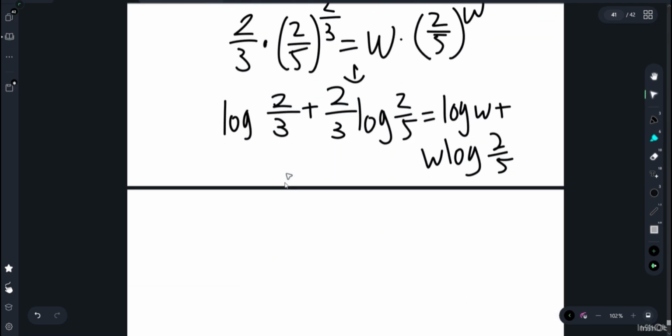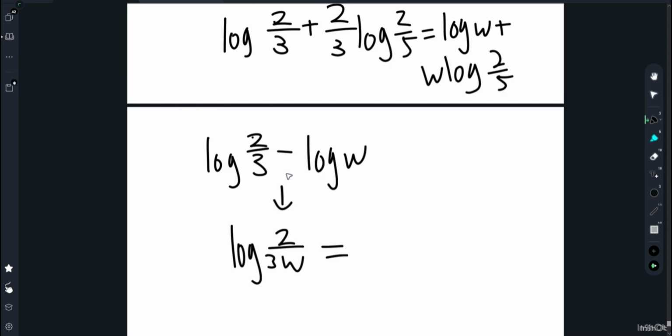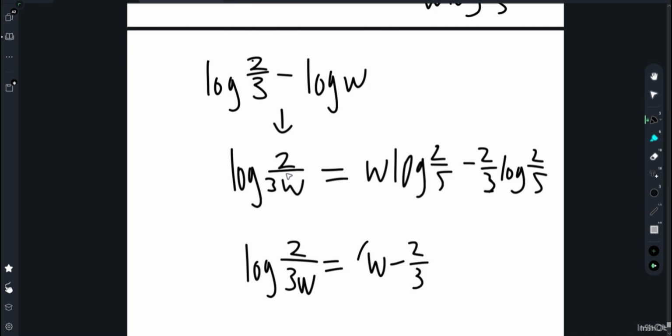What we get is log 2/3w, which is log 2/3 minus log w, and this is equal to w log 2/5 minus 2/3 log 2/5. So this means log 2/3w is equal to w minus 2/3 times log 2/5.